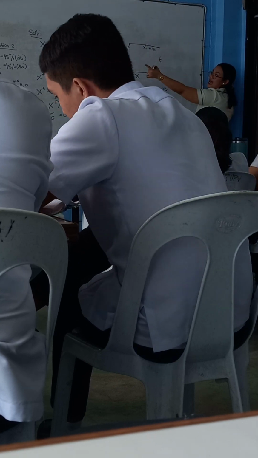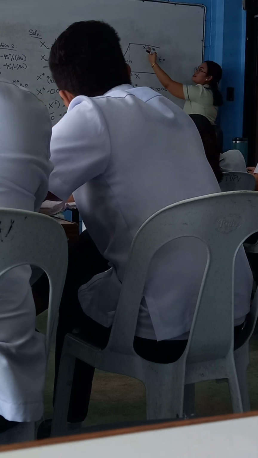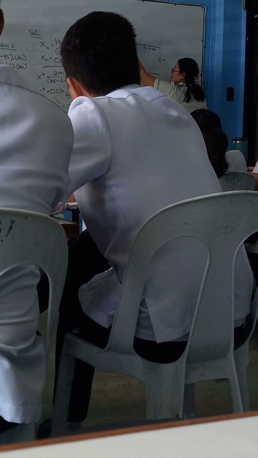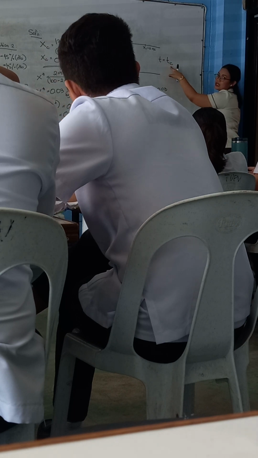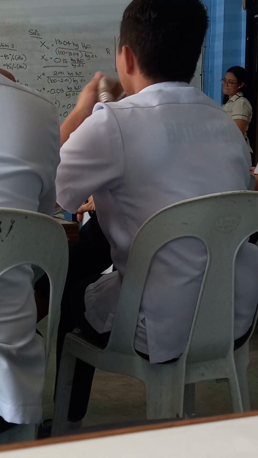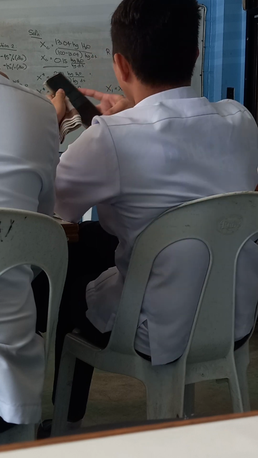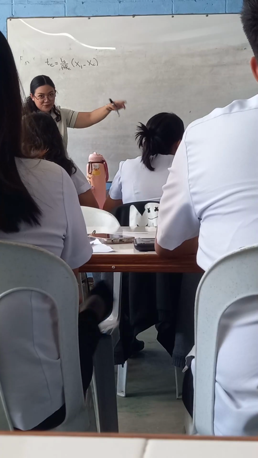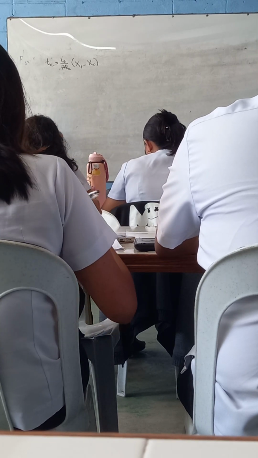Meaning, our time of drying, which is 6 hours, is equal to what? Since it passed through the constant rate, it also passed through the falling rate. So the 6 hours is equal to the time in constant rate drying plus the time in falling rate. So we split it.